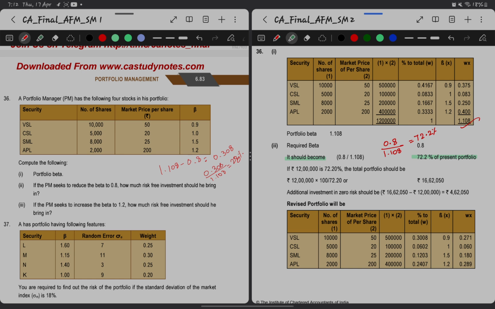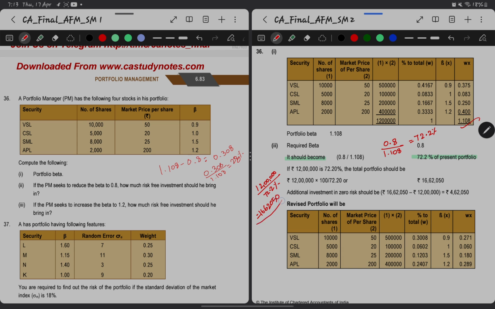So what ideally we'll be doing, whatever we have as the current investment, which is nothing but 12 lakh. So this 12 lakh divided by 72.2% will give us the total amount of investment, which is nothing but 16,62,050.